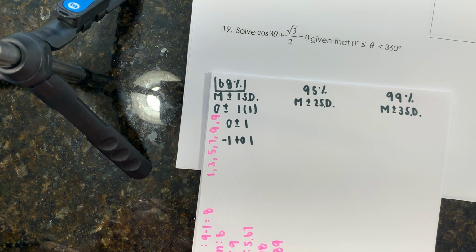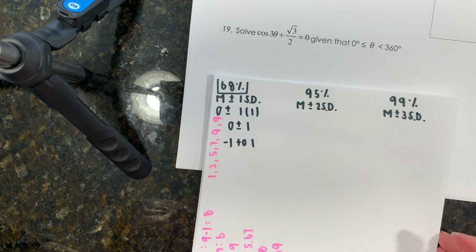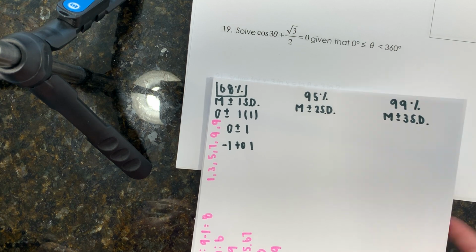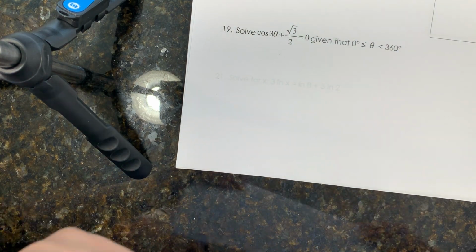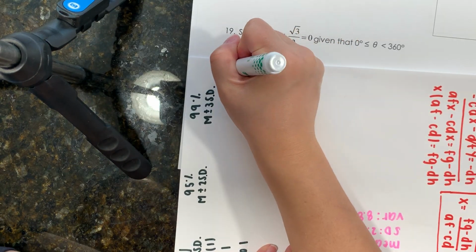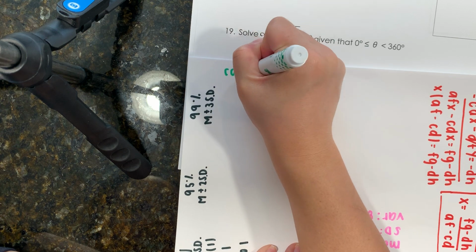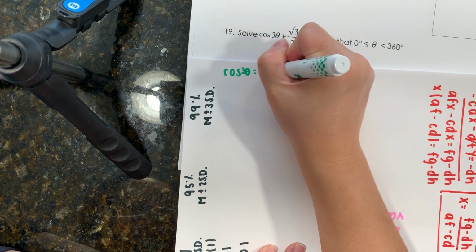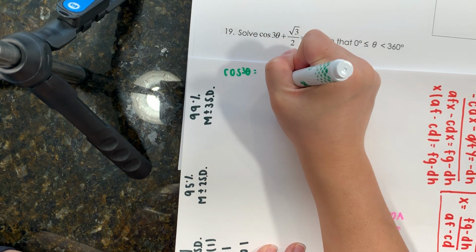Now moving on to number 19. So for number 19, I see that I have cosine 3 theta. I'm going to move that root 3 over 2 to the other side, which would make it cosine 3 theta is equal to negative root 3 over 2.